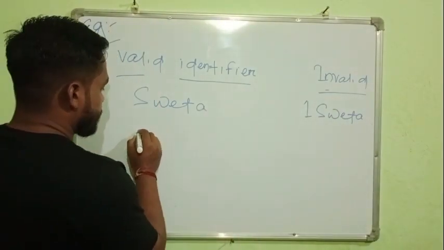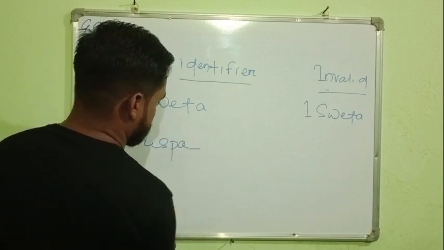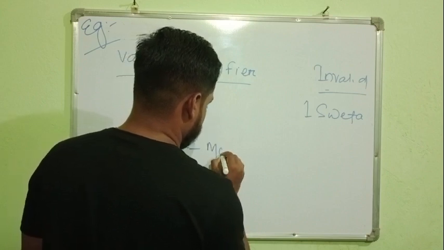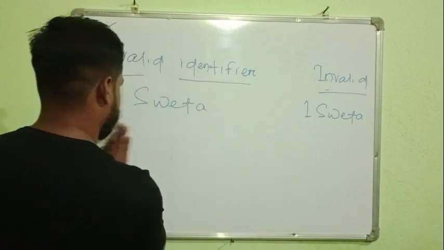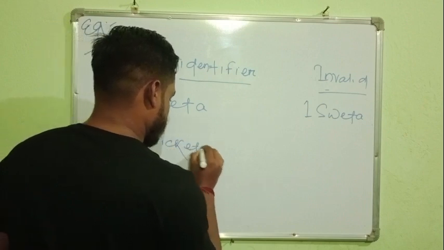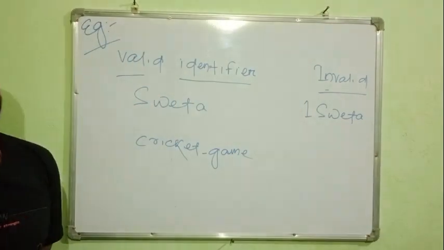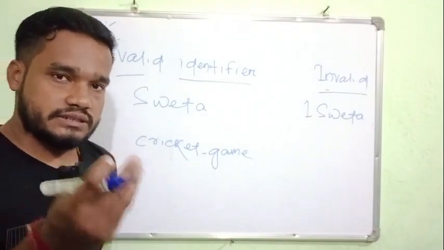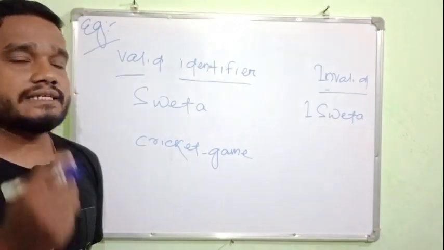Then after I will write this can be identifier because it doesn't contain space, it doesn't start with digits, it doesn't start with special symbols.